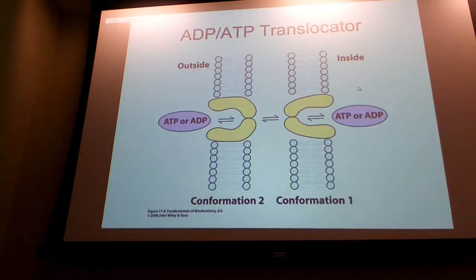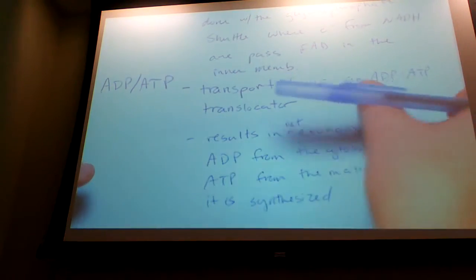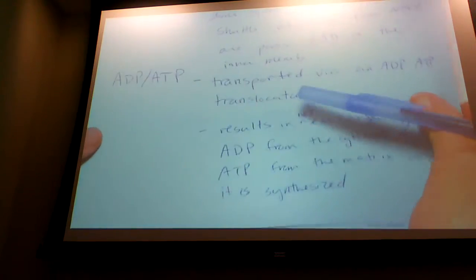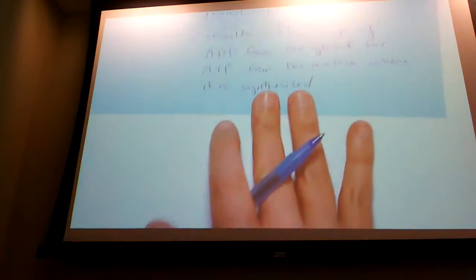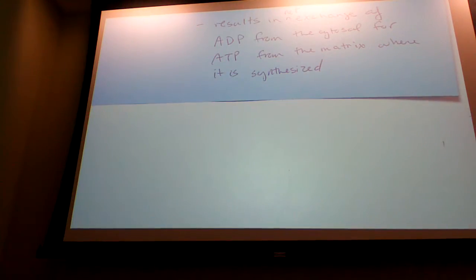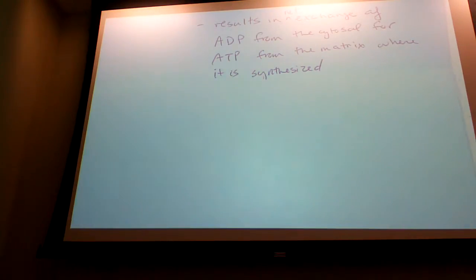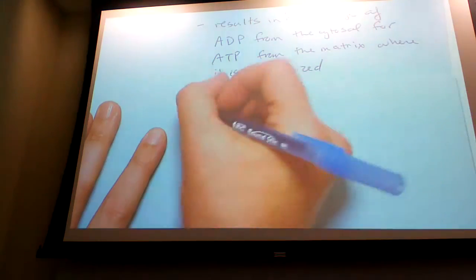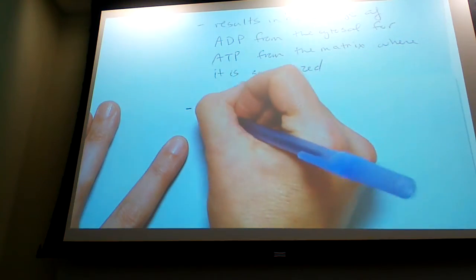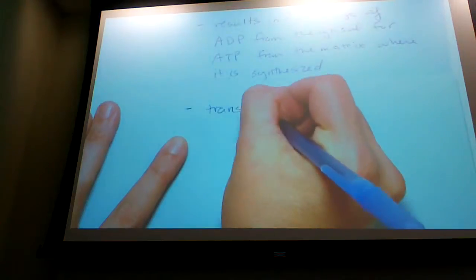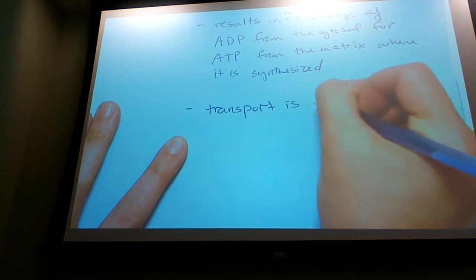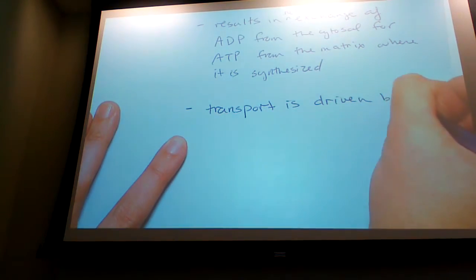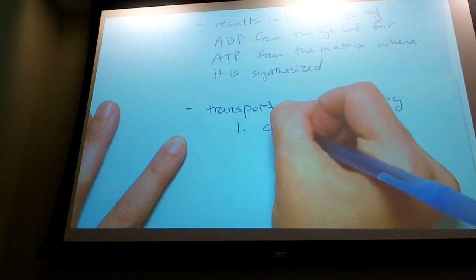So what's going to drive that transport? This is going back to chapter 10 from last semester. What drives transport across membranes? Okay, so transport is driven by a concentration gradient.